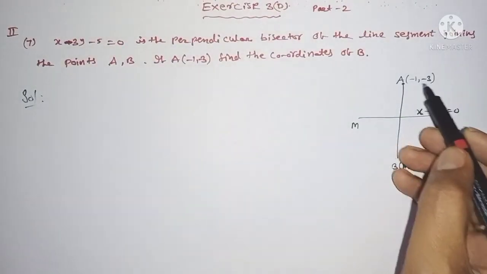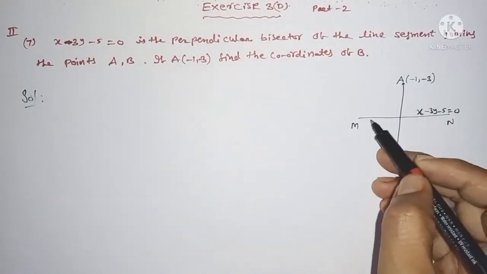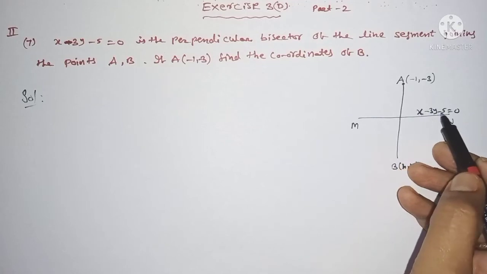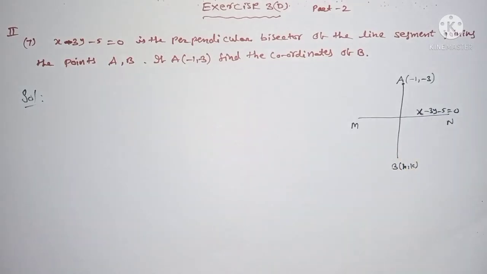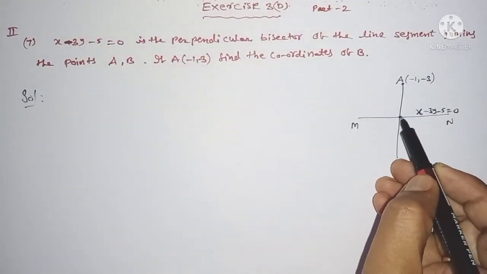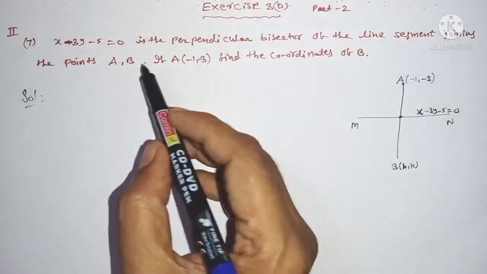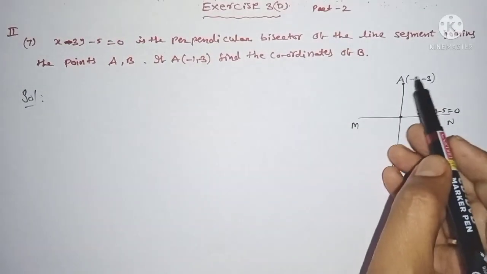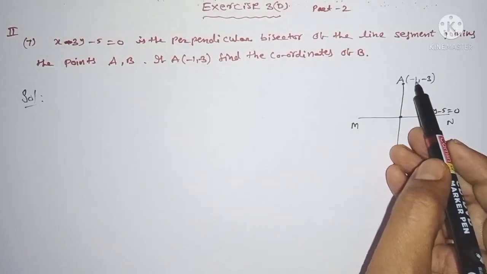The line equation is given. This is the line equation, x minus 3y minus 5 is equal to 0. You can observe here that it is bisecting the line segment. Point A is given, that is A (minus 1, minus 3).